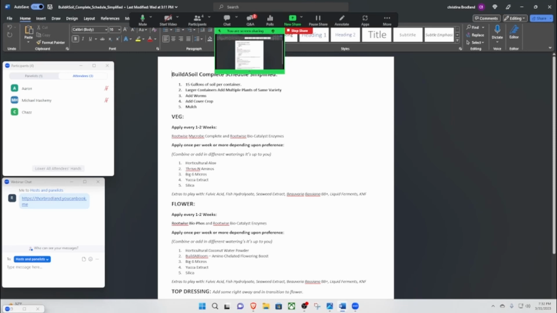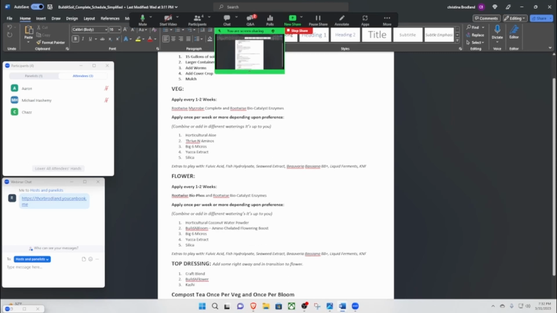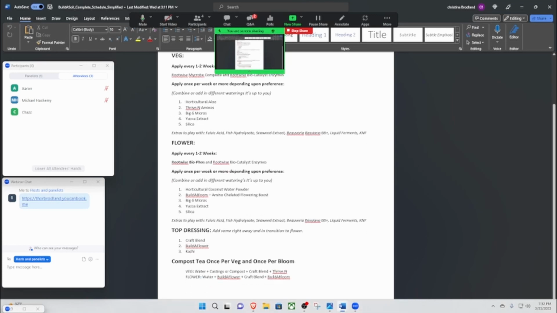Like they talk about the 15 gallons. Really, 10 gallons is where you start seeing the benefit of having the larger soil volume, but they are a soil company, so keep that in mind. And these are all their products. But the time frames and the amounts that you put in during those times, I think is a very good base to start off of.